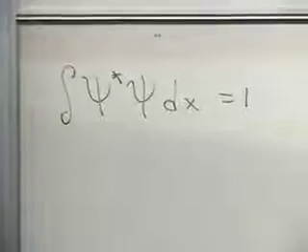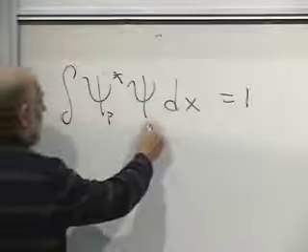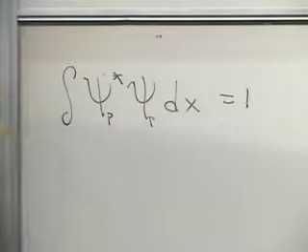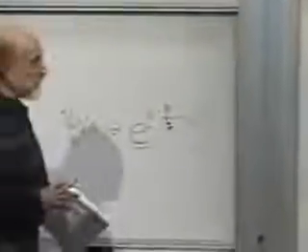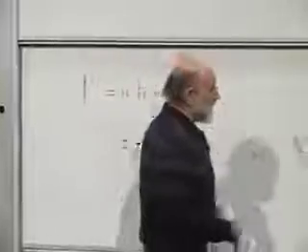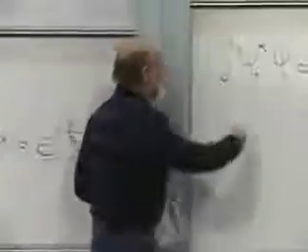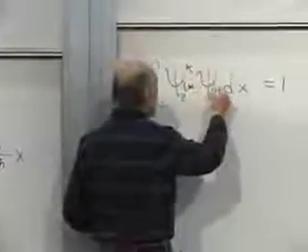This is for momentum eigenfunctions, psi sub p for the same eigenvalue. In other words, equivalently, let's require that the total probability for finding the particle anywhere on this circle adds up to 1. It's just a statement. The total probability of finding it somewhere on the circle is 1.